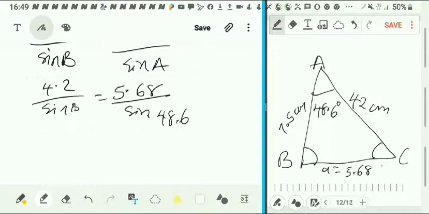When you solve this, you get B, I'm rushing because of our time, B is equal to what?